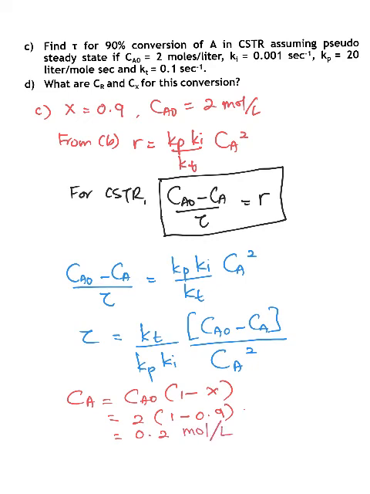Just insert all the values given into the tau equation, then you will get tau for the overall reaction, because the overall reaction is based on the decomposition of A and is equal to the overall rate law equation. So we use this equation, which is similar to this one.